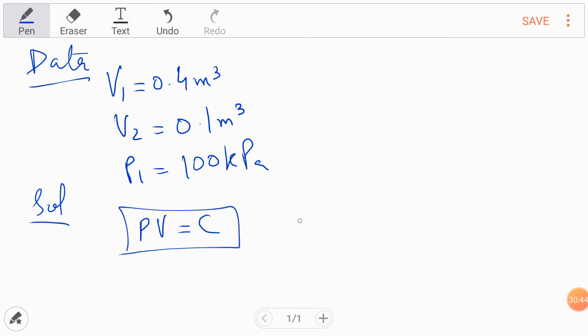Then we place this equation in the work formula, that is integral P dV. We have a derivative of V, so we have to place P in terms of volume.